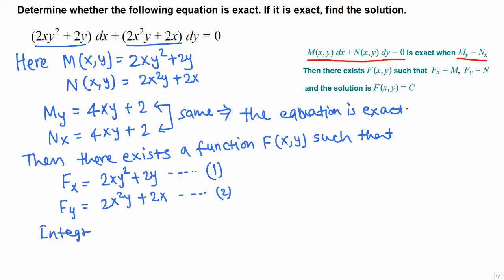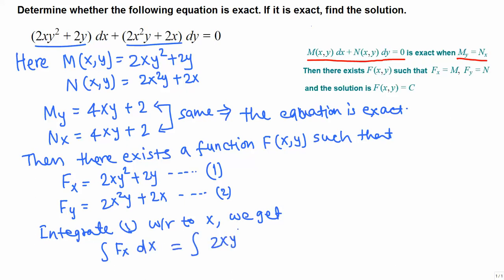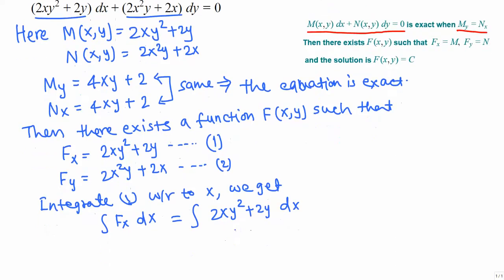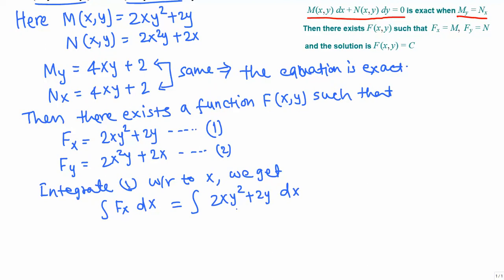Integrate 1 with respect to x. We have the integral of the partial derivative of f with respect to x, dx, equals the integral of 2xy squared plus 2y, dx. In this case, the variable y behaves as a constant, and integrating the partial derivative of f with respect to x just gives f as a function of x and y.